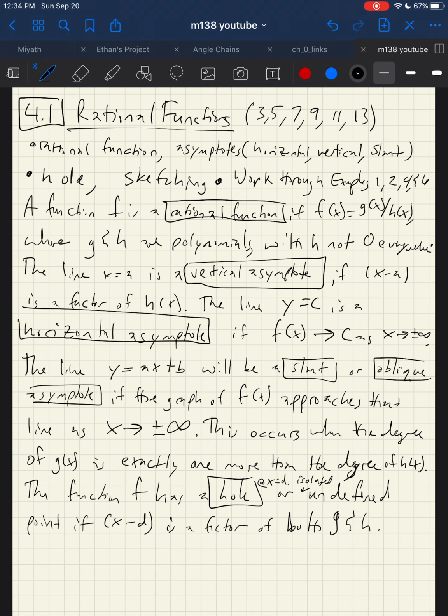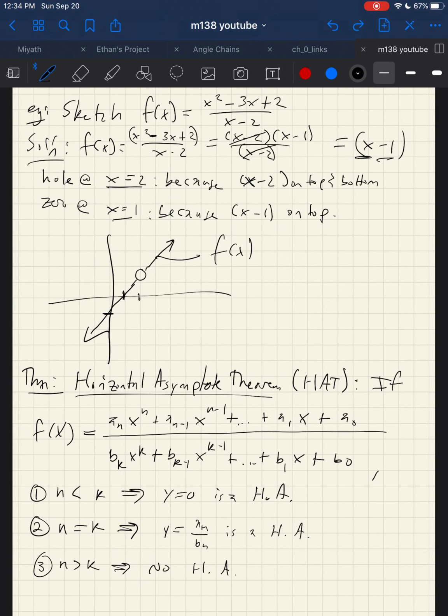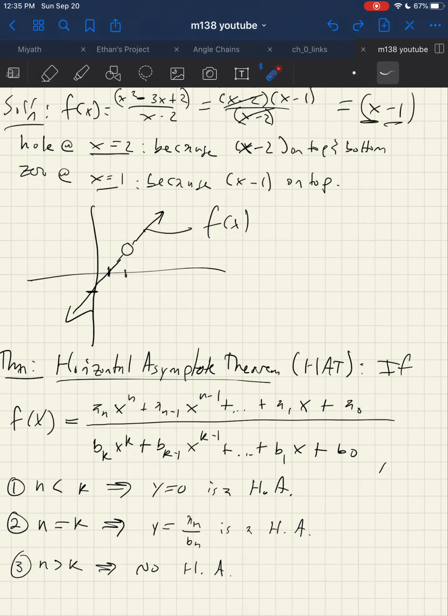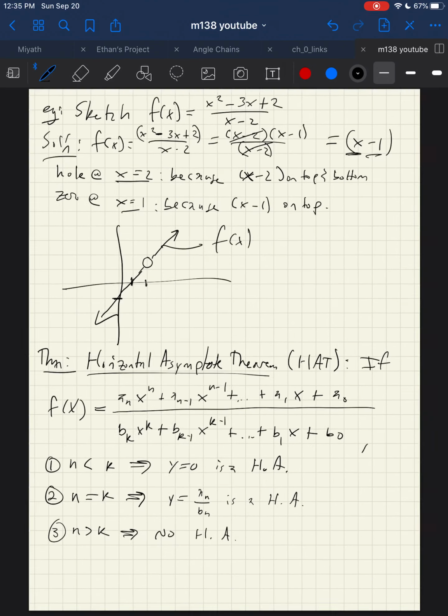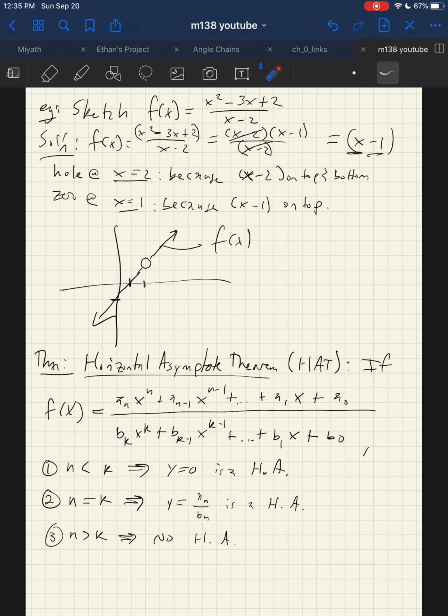Now we saw from the previous slide, if n is exactly 1 more than k, then we'll have this slant or oblique asymptote. But if n is equal to k, then we're going to have a horizontal asymptote at a_n divided by b_n. Now, this might be a little confusing, because if we look at the way that I've written the top, well, a_n makes sense.